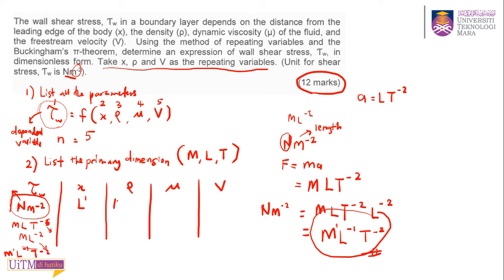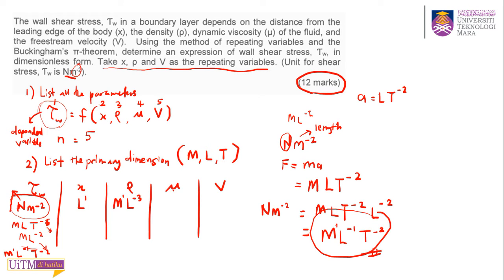M, L negative 3. Correct, because density is mass over volume, and volume is length cubed. So that's why you have M1 L minus 3.